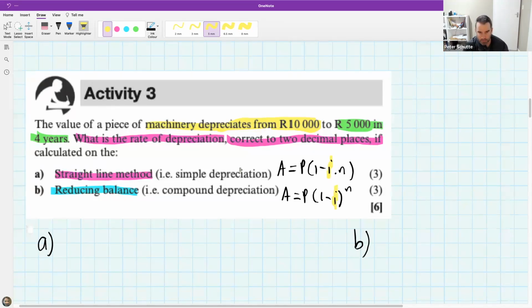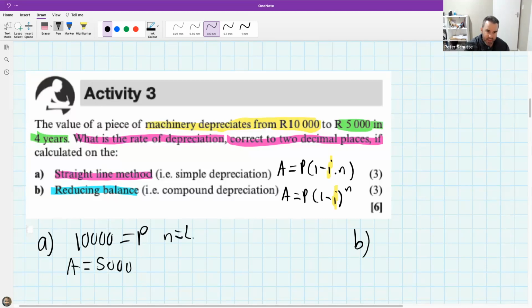Good question, Owami. Owami's asking, in the first one, the 10,000 would be the p-value, and the a value is the final amount, or what you end up with. So that would be 5,000, and the n would be 4.